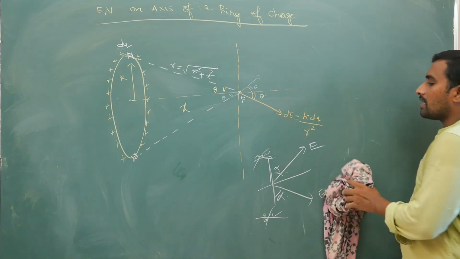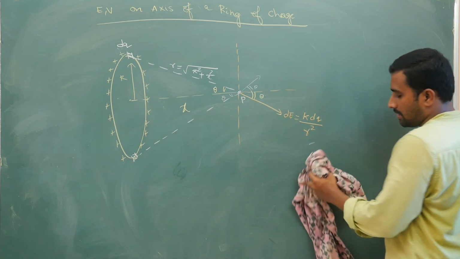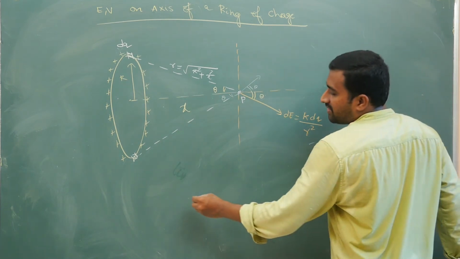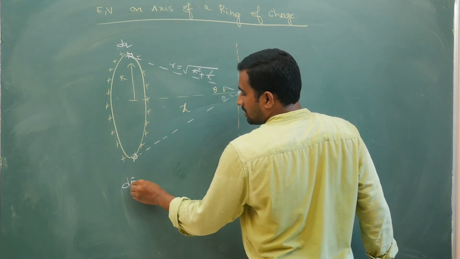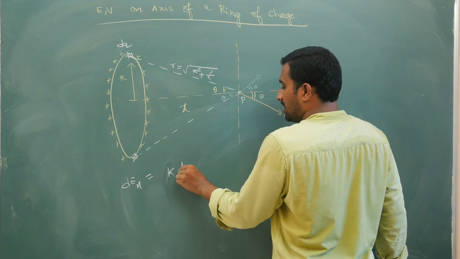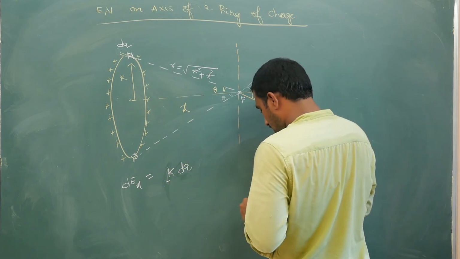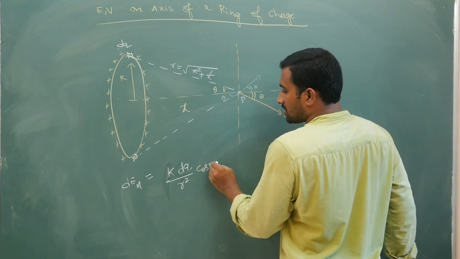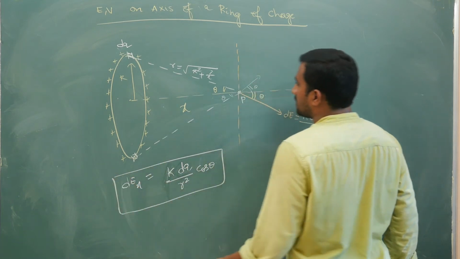So according to that logic, your small field dE, that is dEx, is equal to K times dq by r square into cos theta. Vertical components will cancel off.